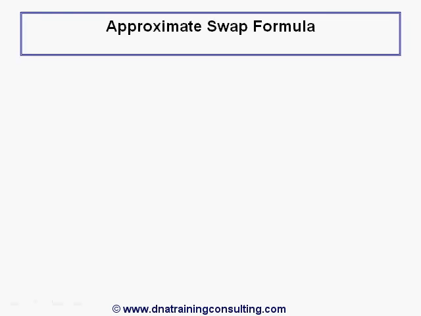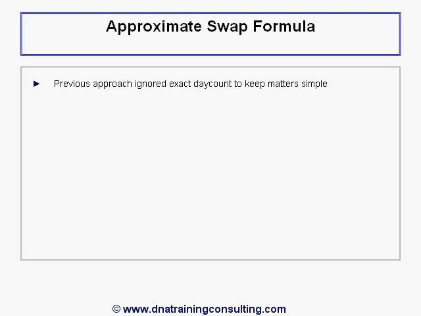We described our earlier approach to pricing the swap as an approximation, since it ignored the exact day count in each period and treated them all as a quarter of 1 year to keep matters simple.